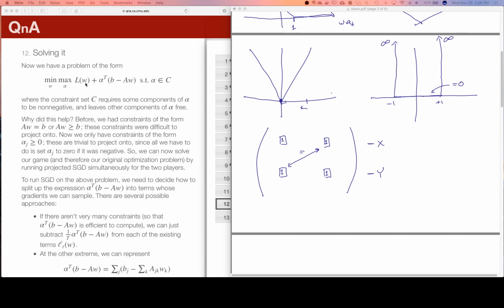To run SGD, you'll randomly sample a mini batch of B terms from L of W plus B over T times this Lagrange multiplier term, compute the gradient of that mini batch with respect to alpha and with respect to W, update both alpha and W, and then project alpha back onto the non-negative orthant.